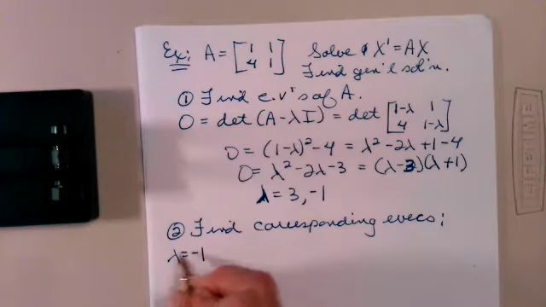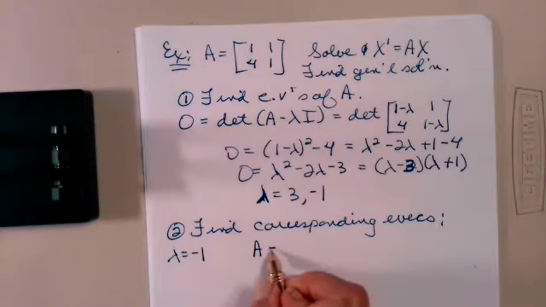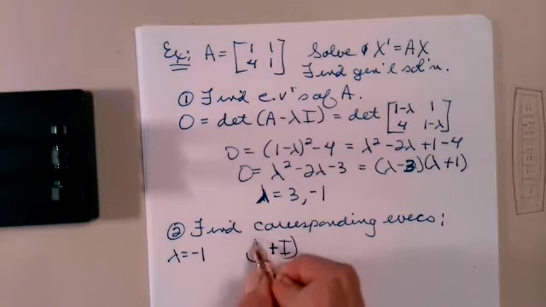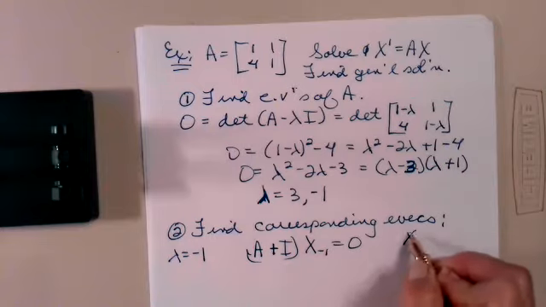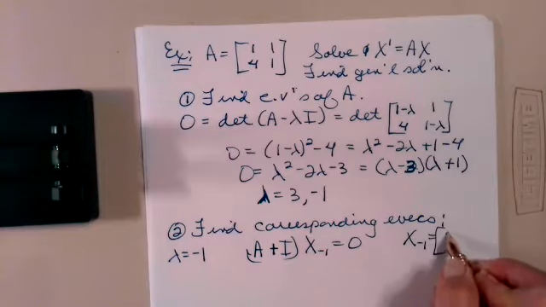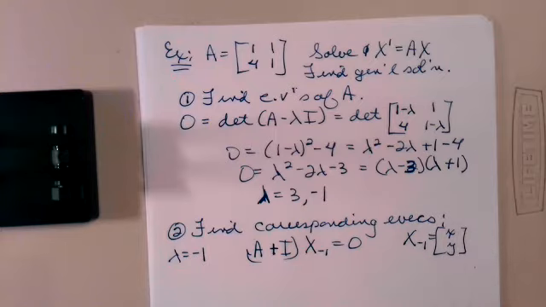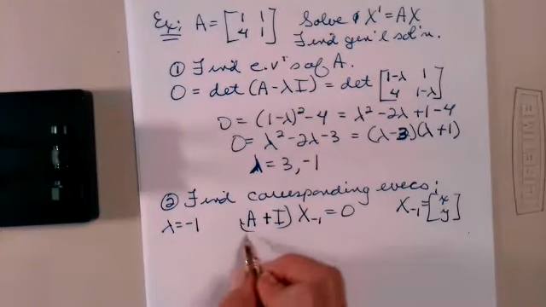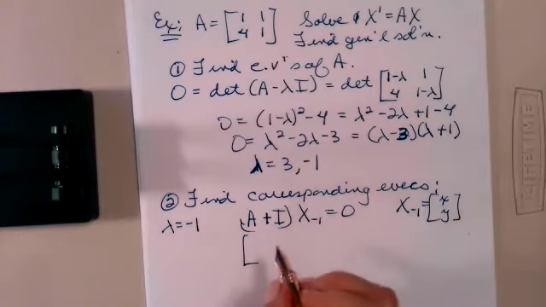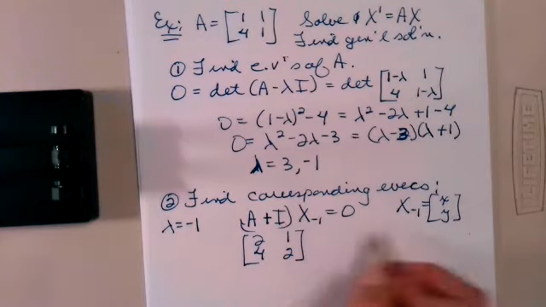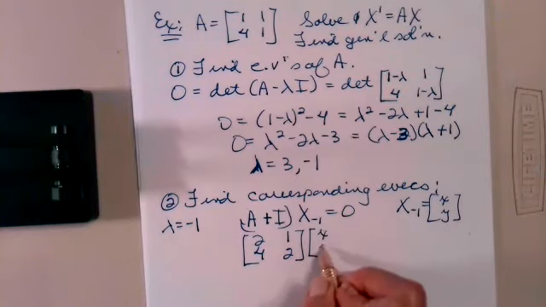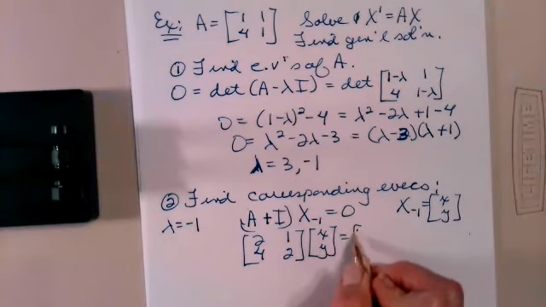So we have to do A minus minus 1, so that'll be plus I, times the corresponding eigenvector that goes with minus 1 has to equal 0. And let's say this one is going to have two components. Let's call them x and y.